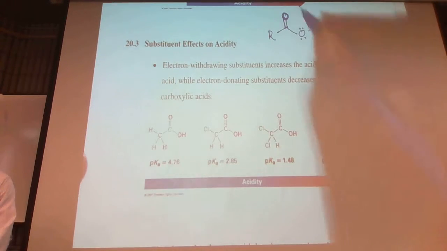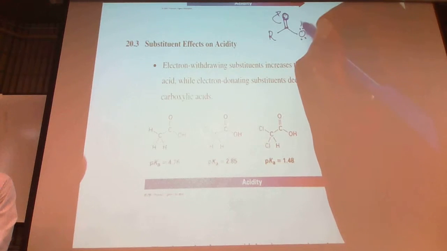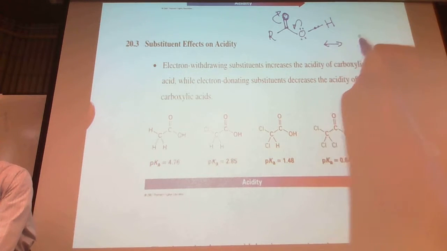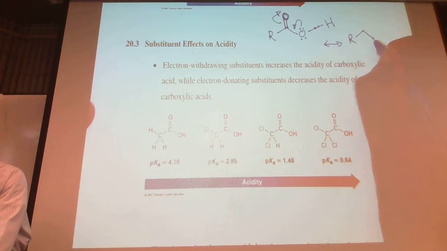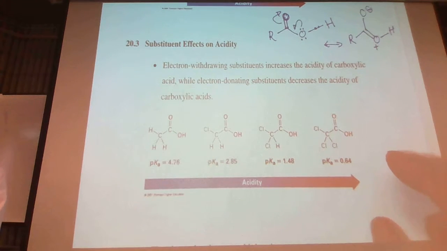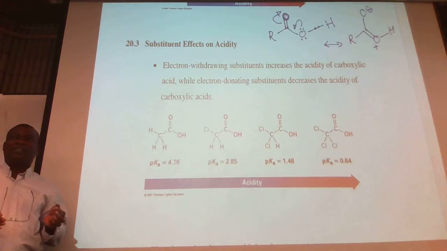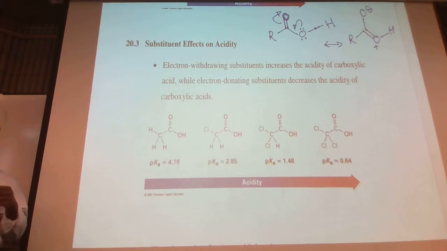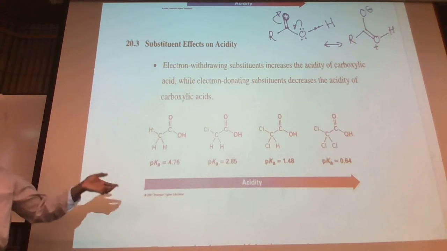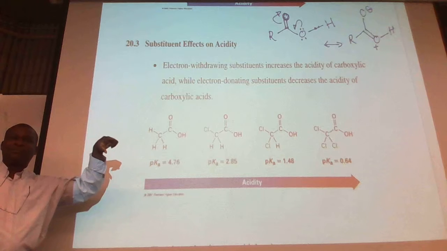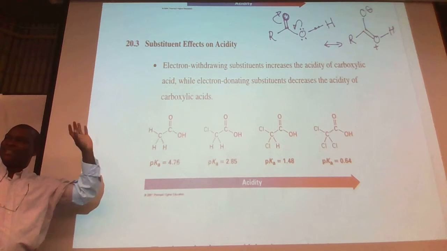Now, because this carbonyl functional group is an electron withdrawing group, if you draw a resonance, you will see that those lone pair of electrons that you have on oxygen are shared between stabilizing the bonds that you have between oxygen and hydrogen, and then the carbonyl. Okay, so hydrogen is not very happy in that relationship. That's why carboxylic acid can easily donate that hydrogen.